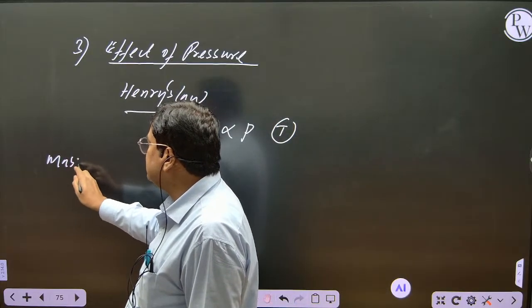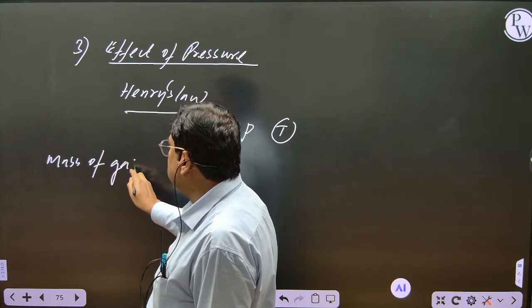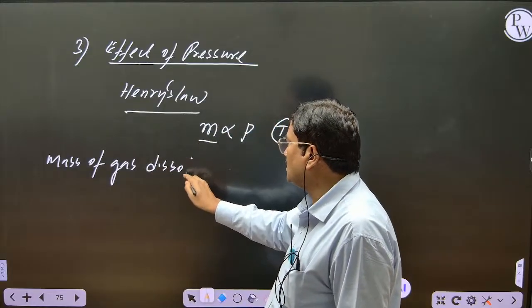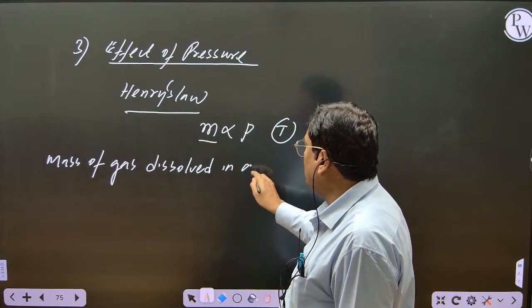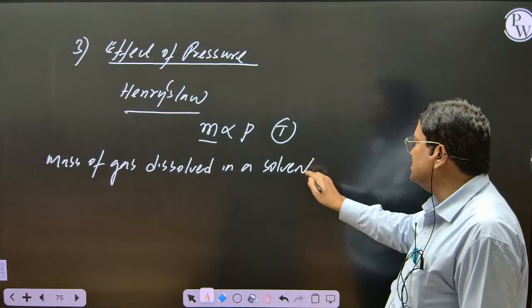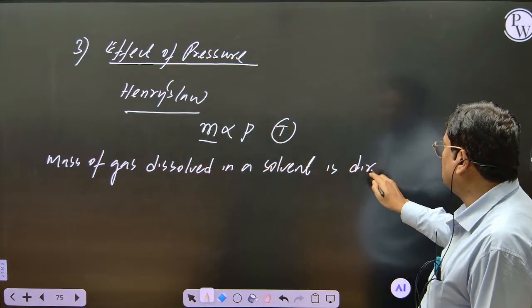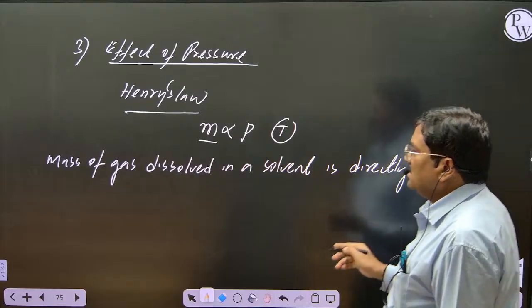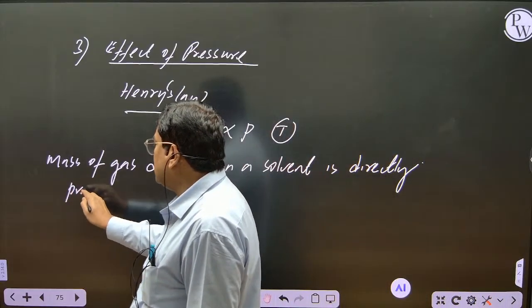Mass of gas dissolved in a solvent is directly proportional to partial pressure of the gas.